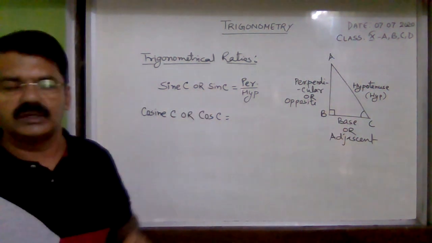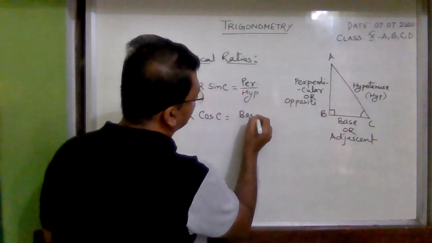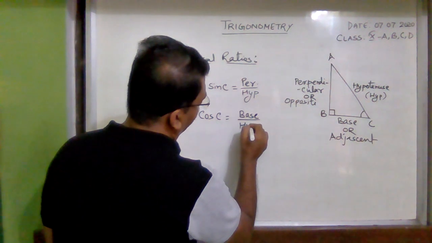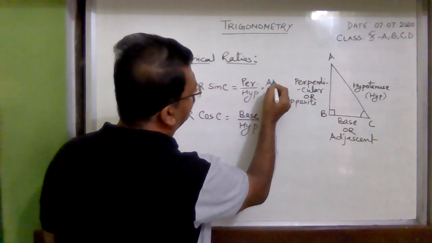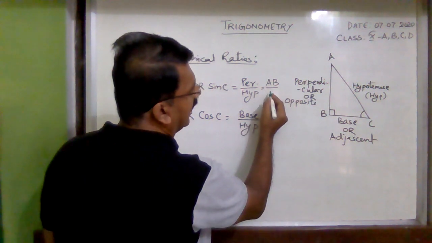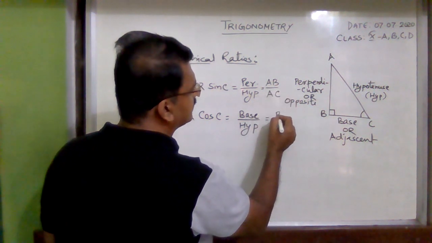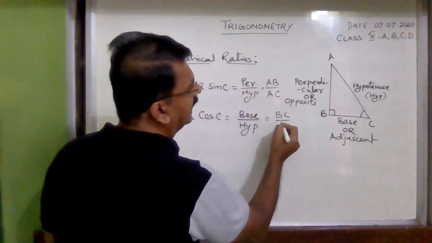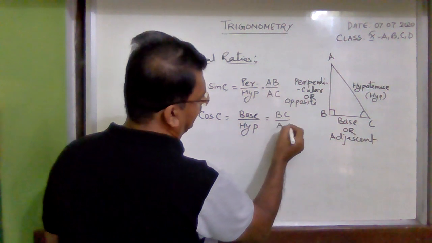Now cos C will be base upon hypotenuse. Here the perpendicular is AB, the base is BC, and the hypotenuse is AC.